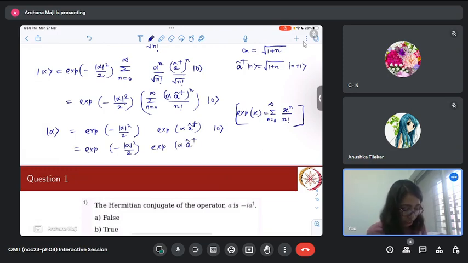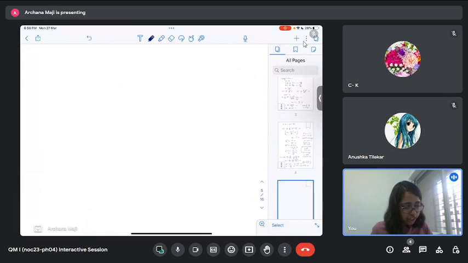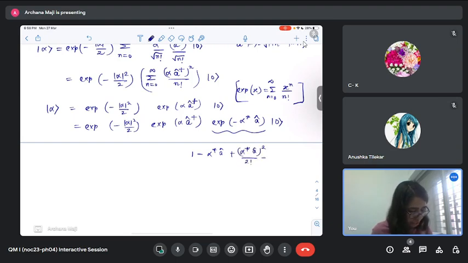That term is actually not changing the state, and I'll tell you why. Introduce exponential of minus alpha star a on the vacuum state. It doesn't change your coherent state, because this portion will still give you vacuum: it is 1 minus alpha star a plus (alpha star a) whole squared over 2 factorial plus and so on, acting on vacuum.